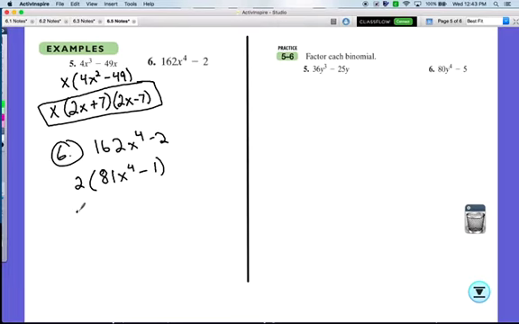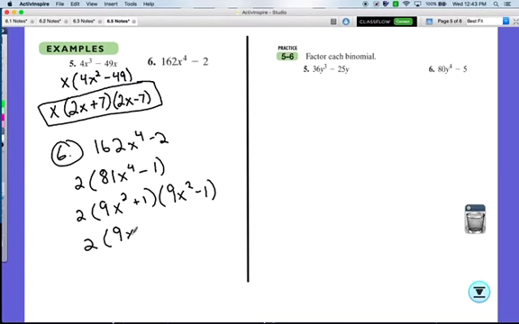Now it's a difference of 2 squares. Square root of 81 is 9. I've got x to the 4th, which when I take the square root is x squared. And I'll have plus 1, and then 9x squared minus 1. There's another perfect square, though, and it's a difference. So I'll leave the 2.